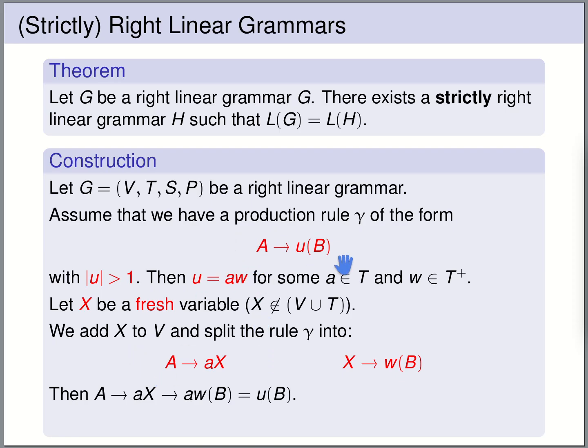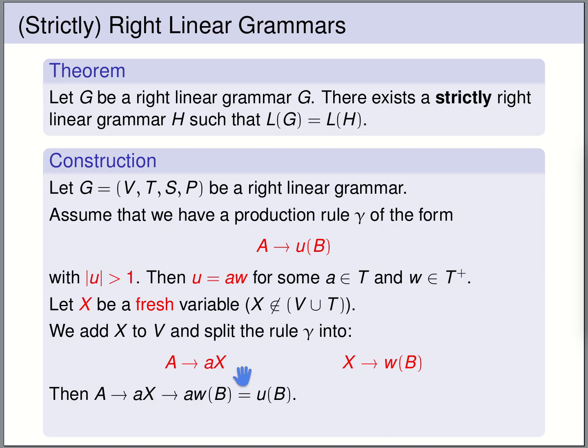Instead of this original rule, we have now two rules. One rule that says A can be rewritten to lowercase a X, that's producing this first letter of u, and then X, this fresh variable, has a rule that allows to rewrite to wB, where the B is here if and only if the B is present in the original rule.